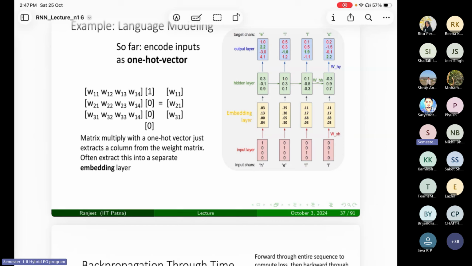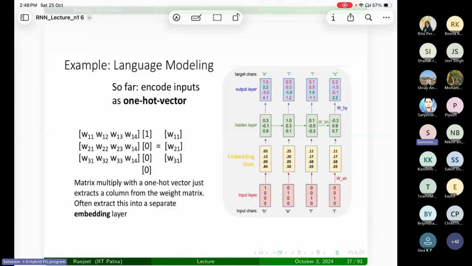The goal of the embedding layer is to take the sparse vector, where we have most of the zeros, and transform it into a dense vector where most of the values would be non-zero. Okay, so we add one extra layer, and that will convert this one-hot representation into a dense vector.